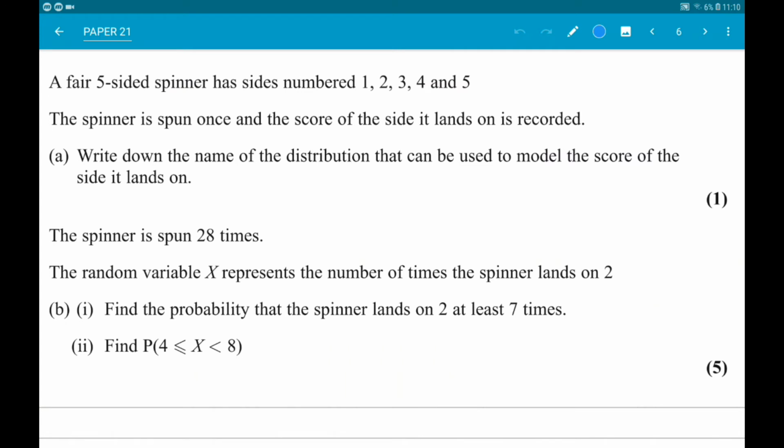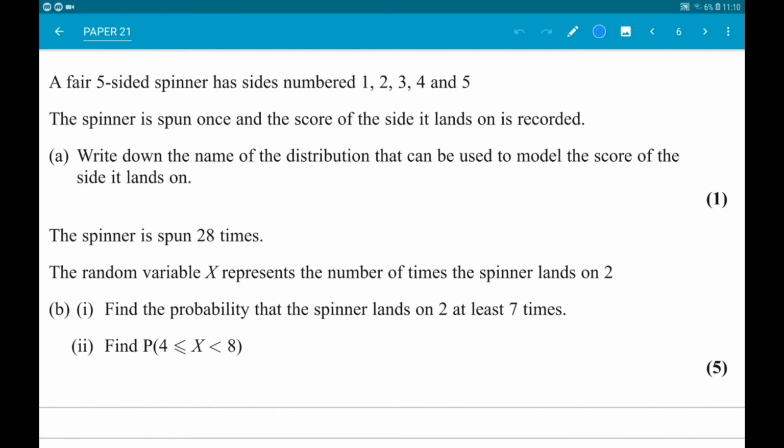Number 3. A fair five-sided spinner has sides numbered 1, 2, 3, 4 and 5. The spinner is spun once and the score is recorded. Part A. Write down the name of the distribution we can use to model the score.